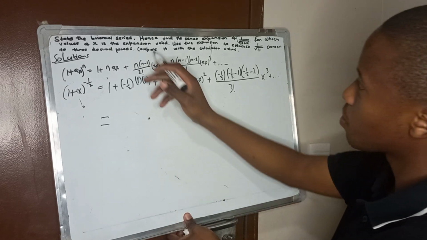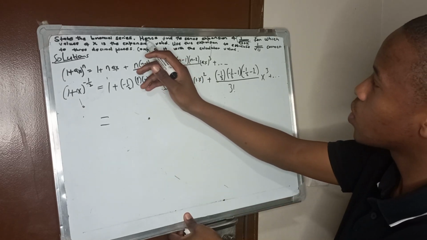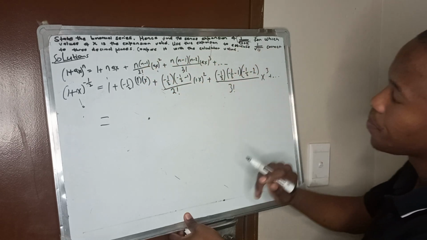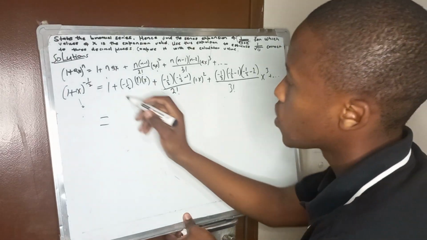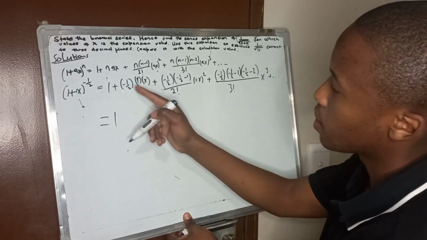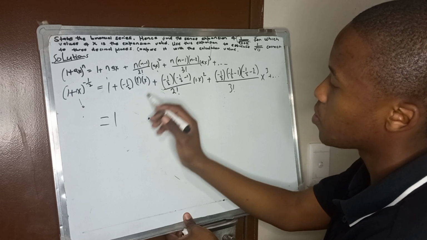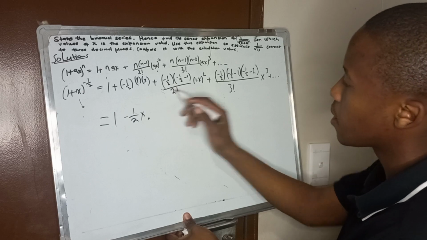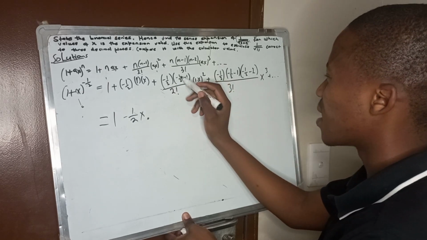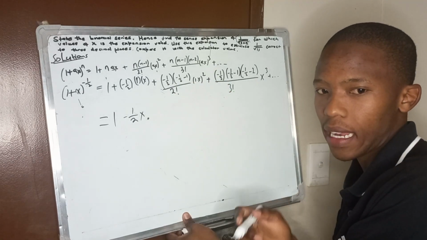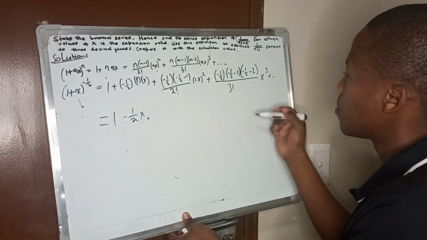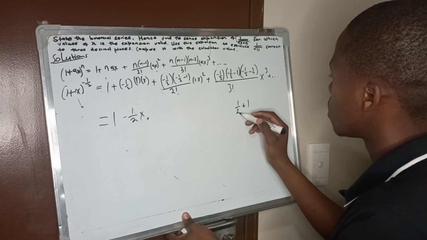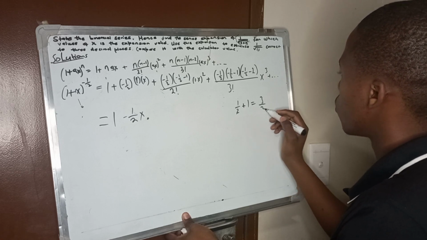This is equal to, remember we are only answering this question, hence find the series expansion of this. So I'll have 1, then -1/2 times 1 is -1/2 x. Then here I have -1/2 minus 1, which is the same as 1/2 plus 1, which is the same as 3/2.